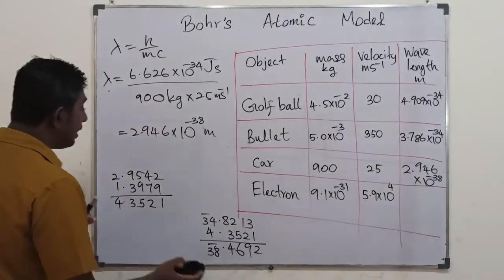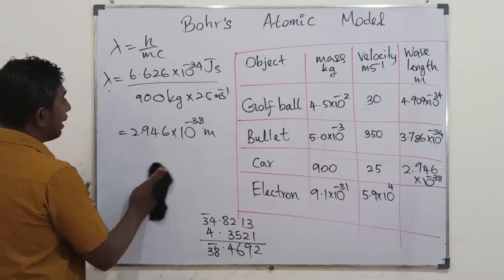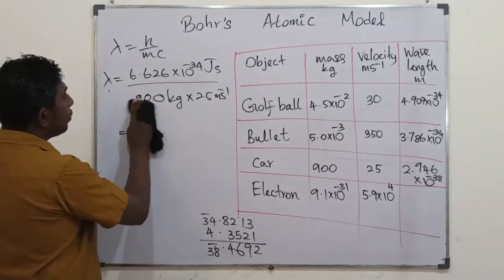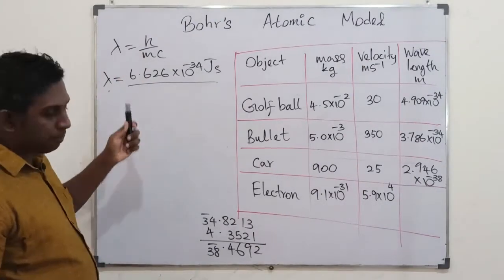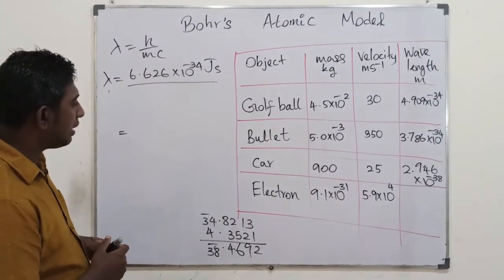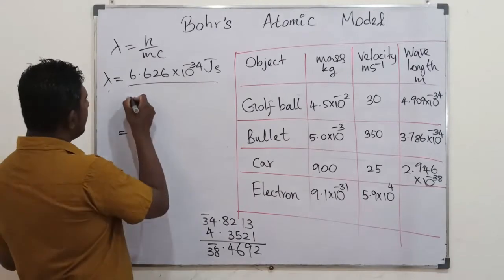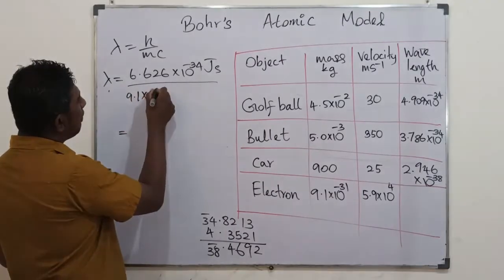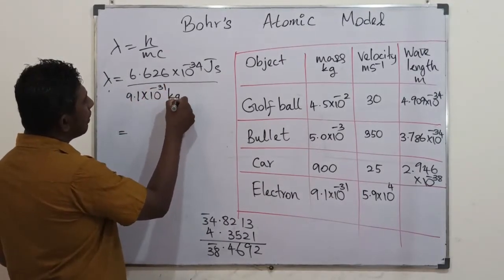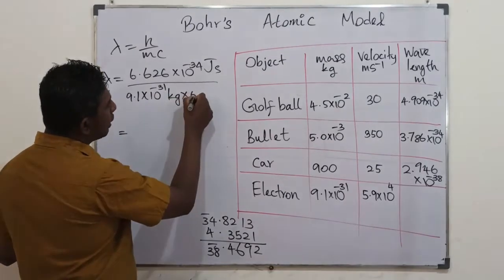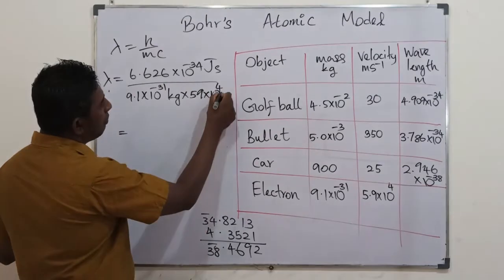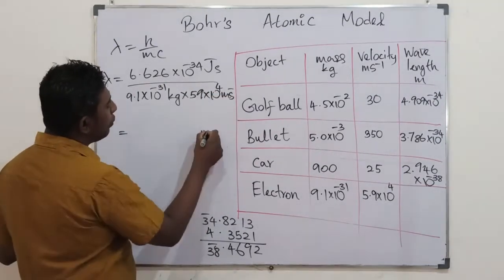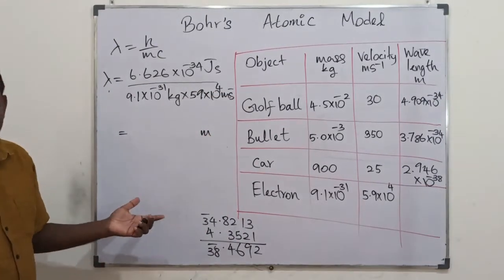Let's find whether it's the same standing for the electron as well. Let me substitute those values for the electron. The upper value is the same. So for the electron, its mass is 9.1 into 10 to the power minus 31 kilogram, and the velocity is given as 5.9 into 10 to the power 4 meters per second. You are going to find the final answer in meters.